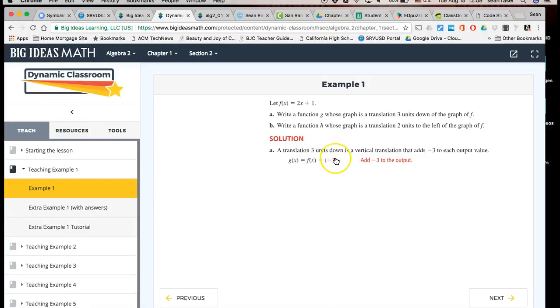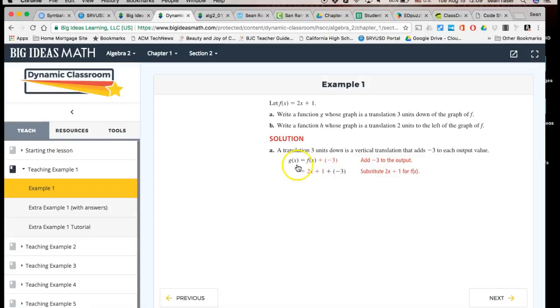So first you write your transformation out, leaving your original function in function form, and then you simplify. Now we can replace f of x with whatever our original function was, and we can simplify things.